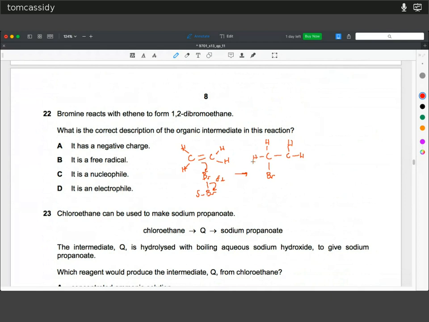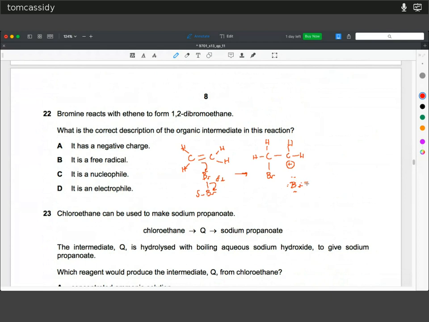And because a bond pair of electrons has moved to form the bond there, that has now got a positive charge. And because the pair of electrons moved in, both of them moved from the bond that was formed between the two bromine atoms, you've now got a bromide ion, and it's got all those lone pairs around it. That's the intermediate.